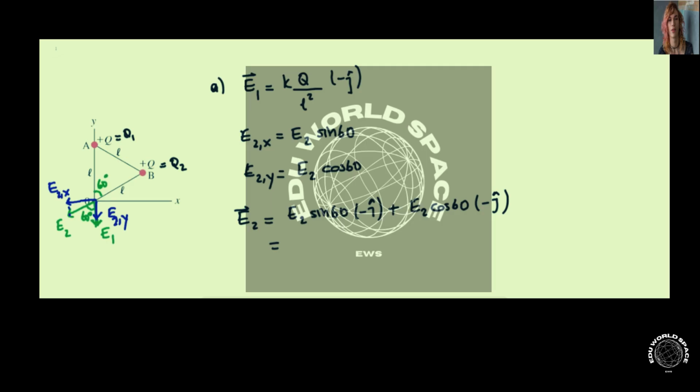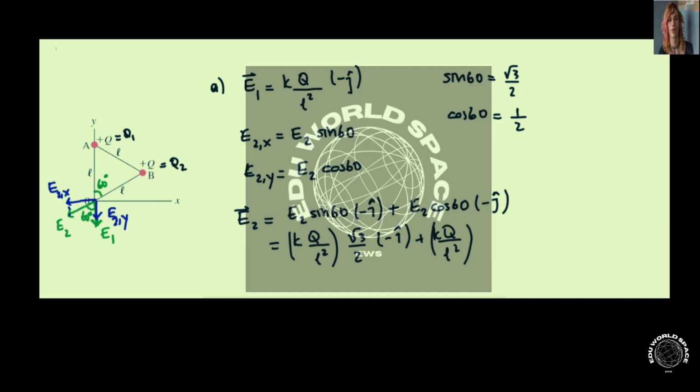The magnitude of E2 is KQ over, again, L squared, correct? Sine 60 is square root of 3 over 2, and cosine 60 is 1 over 2. So this is KQ over L squared, square root of 3 over 2, negative i hat, plus KQ over L squared, cosine 60, 1 over 2, negative j hat.